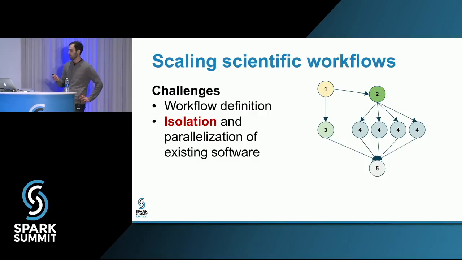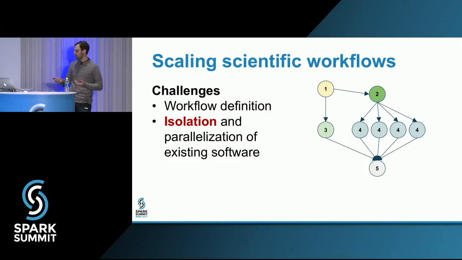Isolation is important because all of these bioinformatics tools come with a bunch of libraries, and your sysadmin is going to get frustrated installing them because they conflict with each other very often. And also, the versioning of the libraries and of the tool is quite important because in science we want to be able to reproduce the results.